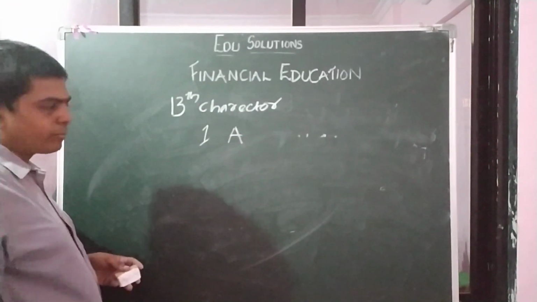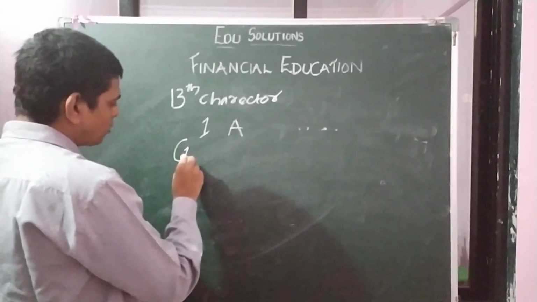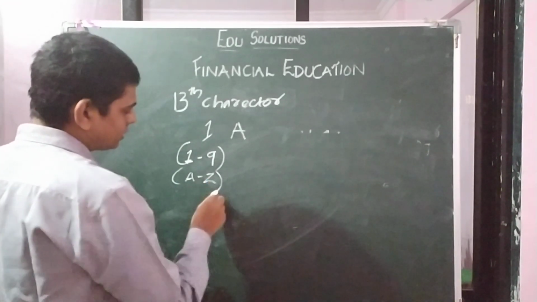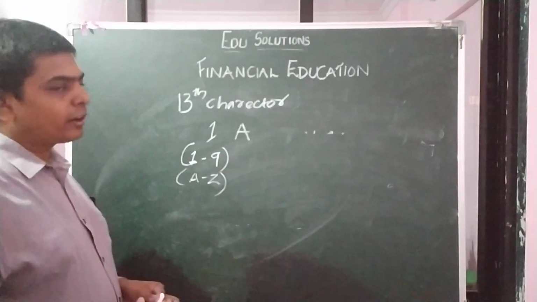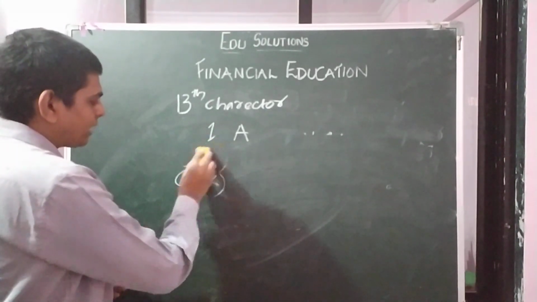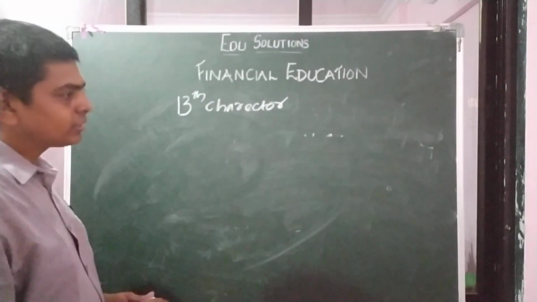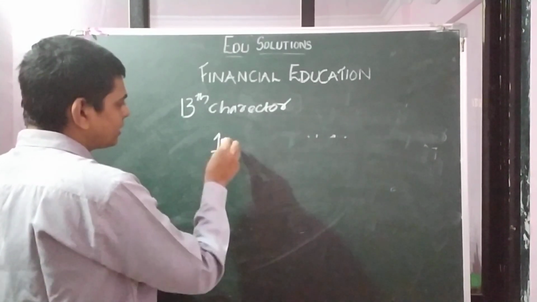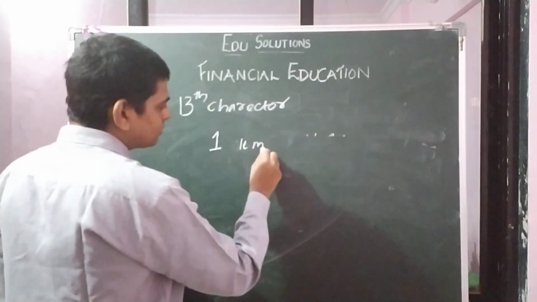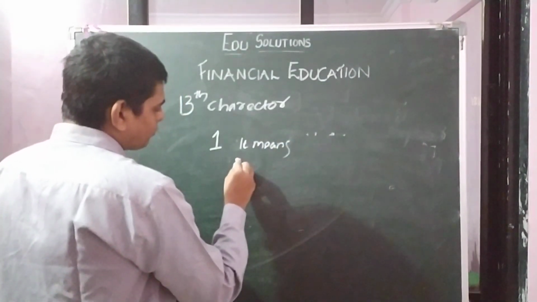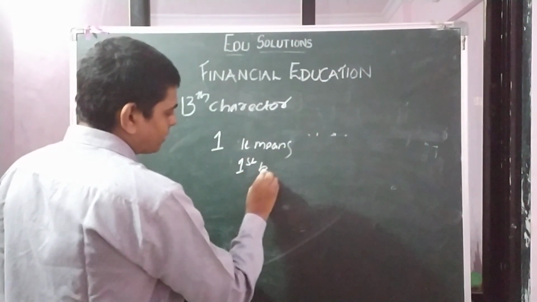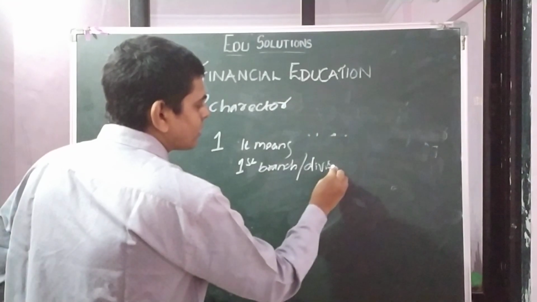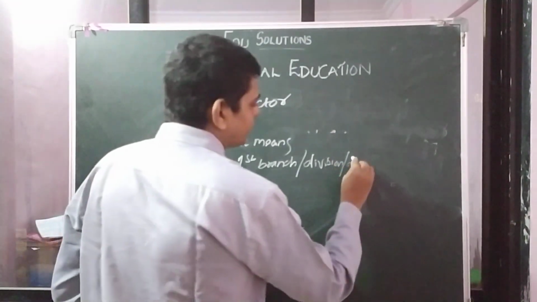Numbers range from 1 to 9 and alphabets range from A to Z. Basically this character denotes the entity, which branch or which division of the organization the GST number belongs to. If you see the 13th character as 1, it means it is the first branch, division, department, etc.